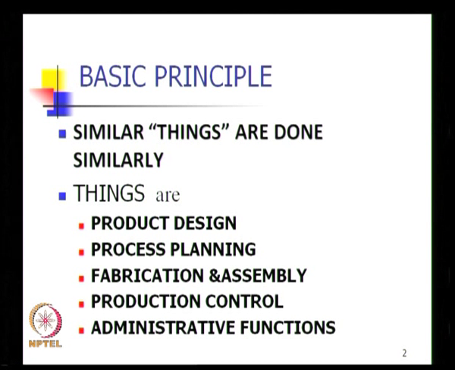So, the similar things can be product design, process planning, fabrication, assembly systems, production control mechanisms and other administrative functions. All of these can be done in a simple manner with the introduction of group technology or cellular manufacturing.